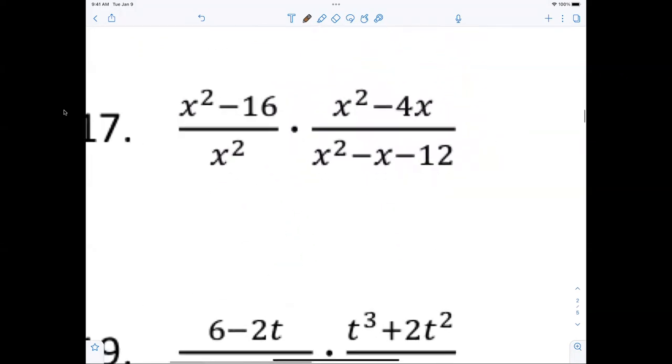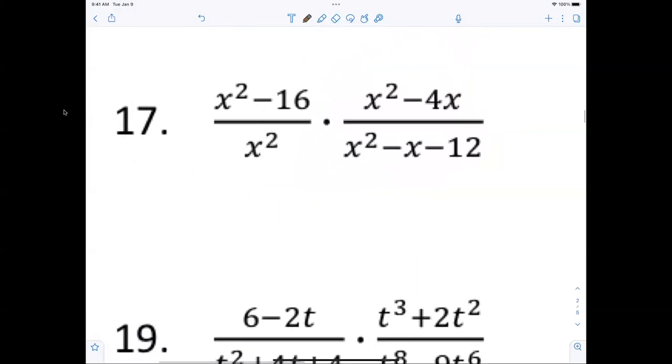All right, so 17. Lots of factoring here. For the top numerator, it's x plus 4 and x minus 4. Amazing. Top right.